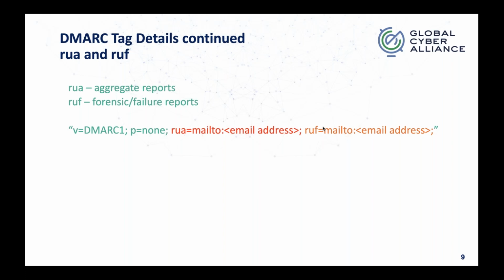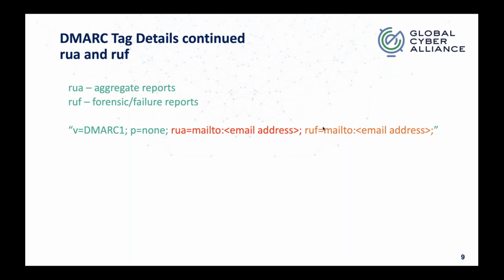Then RUF, forensic or failure reports, you may not get too many of these because these are more the actual sample message. So it becomes a privacy concern with those messages, because those messages could contain who it's being sent to, who was actually sending it. It could have the full body of the message, full header of the message. It could even go as far as having attachments.